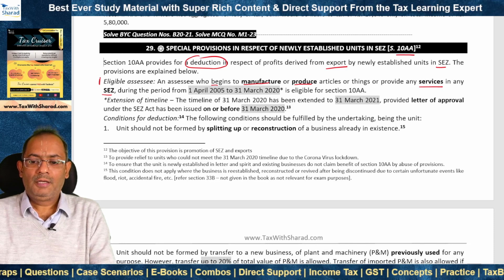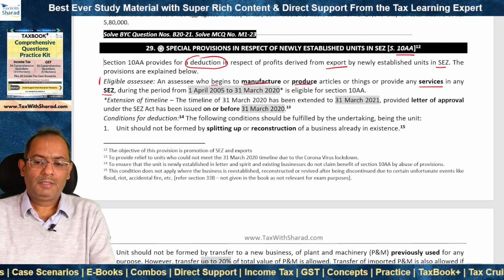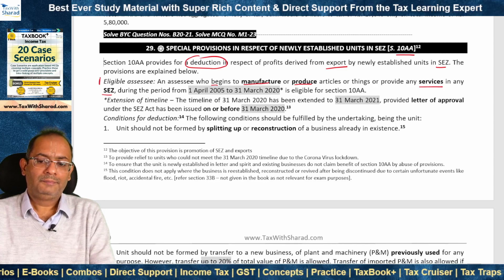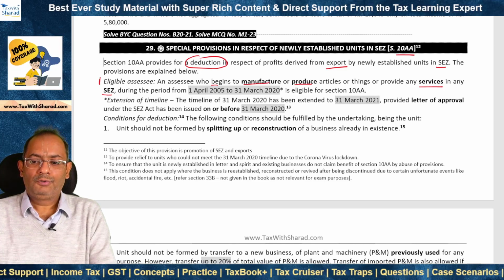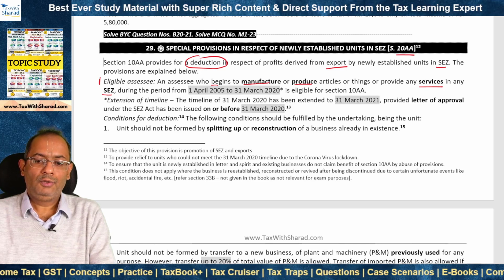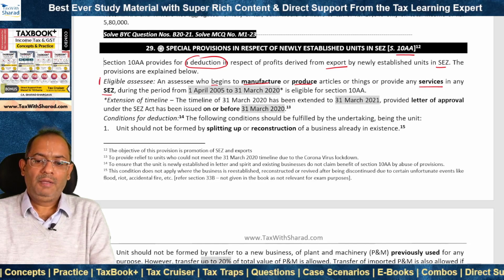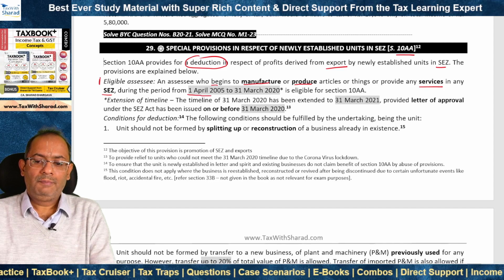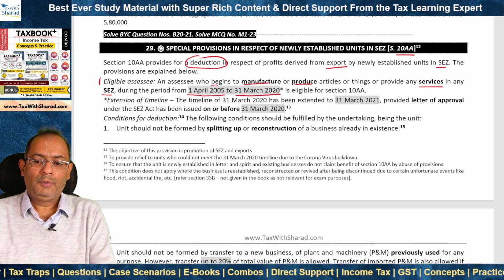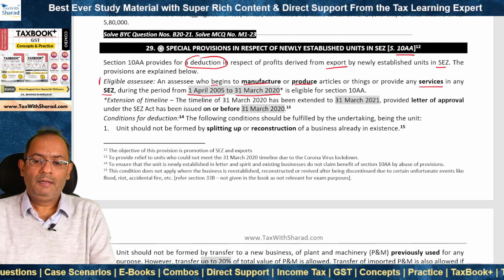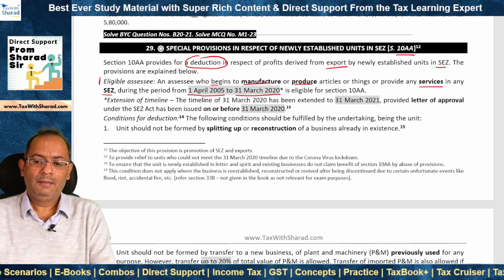So manufacture, production and provision of services, all these three are covered. And the assessee should begin to manufacture or produce or provide any services in SEZ during a specified period, which is from 1st April 2005 to 31st March 2020. This should be the period within which the SEZ unit should begin the activity.